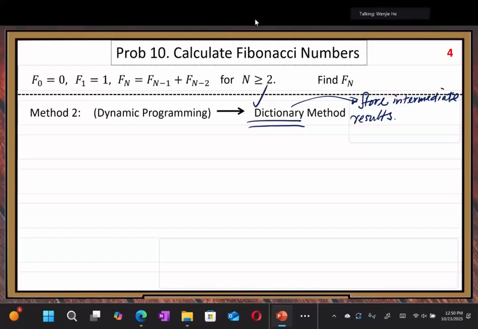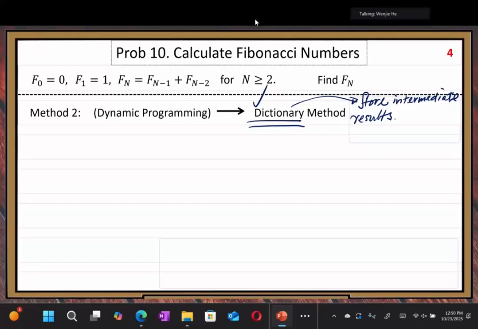So avoid repeated calculation. The dictionary is used to help you keep track of your data, so you never need to calculate the same value twice. That's the usage of the dictionary, okay?